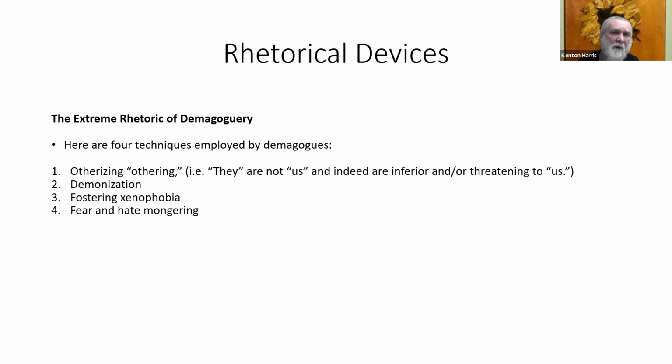So when the speaker is trying to identify, we, you and I, we're together, but we're not those people who we're against. We're superior to them. They are inferior to us. We are threatened by them. Well, that's othering, right? And I'm making a clear divide between this group I'm disparaging or perhaps these ideas I'm disparaging.